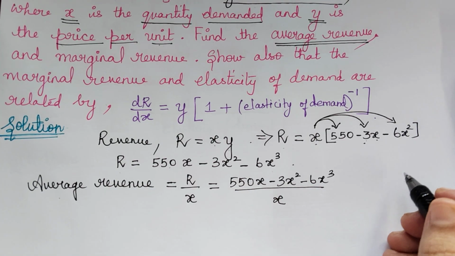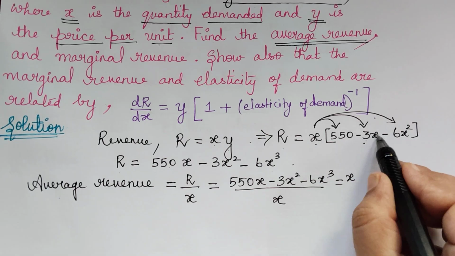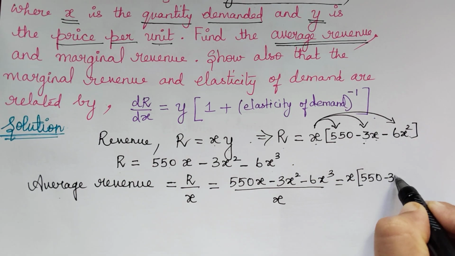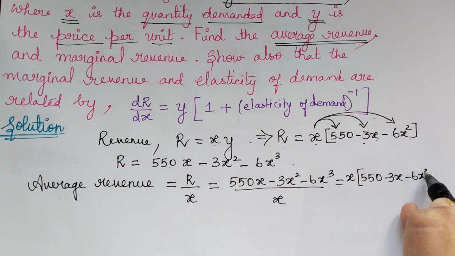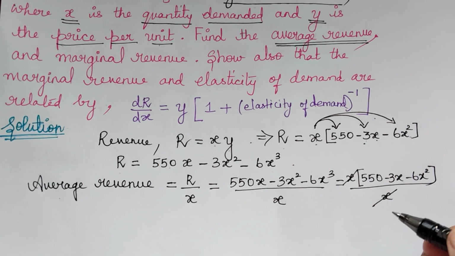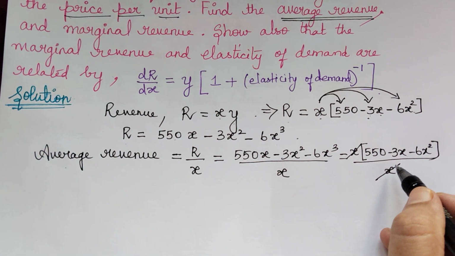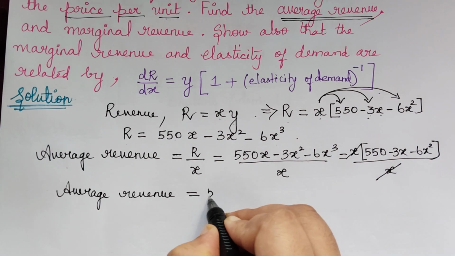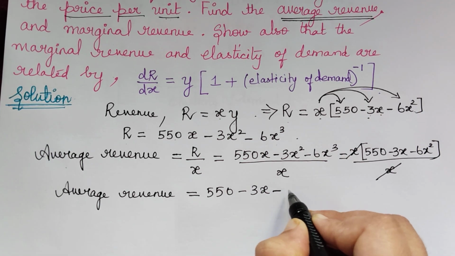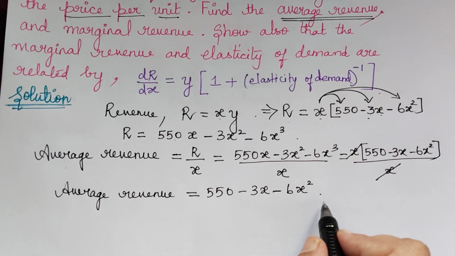Now in the numerator, we can take x in common. So 550 minus 3x minus 6x square. We have taken this common so that we can cancel these two. So therefore the average revenue we have obtained is 550 minus 3x minus 6x square. So this is the average revenue.